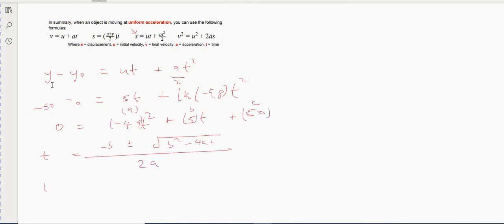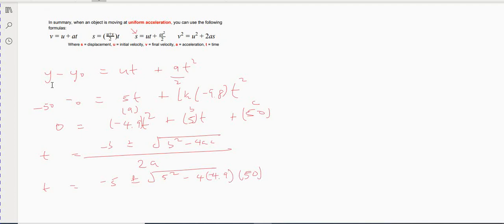Alright, so with that being said, we can go ahead and write negative 5 plus or minus the square root of 5 squared, we know this is 25, minus 4 times a, which is negative 4.9, by the way, yes, negative 4.9, and that is going to be multiplied by 50, which is the value for c.